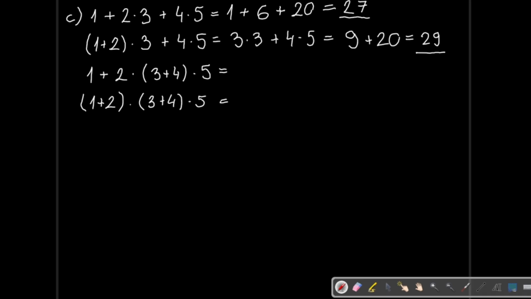Third case, once again we do the brackets. We get 2 times 7 times 5. And we need to do the multiplication first in this case. So we have 2 times 7 times 5.